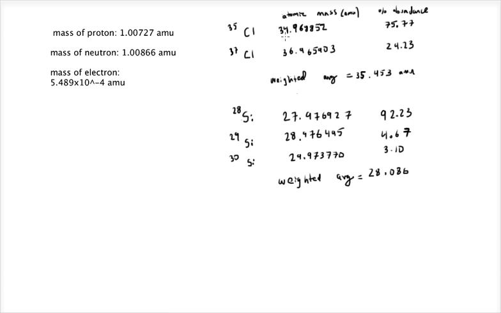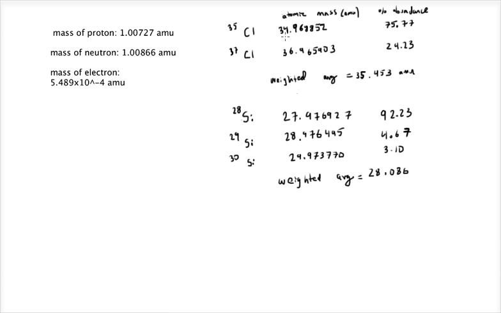And notice in a periodic table, there will be one number for each element, which is supposed to be its atomic mass. And we know that because different atoms have different isotopes with different mass numbers, there's not really one atomic mass that would really describe an element.